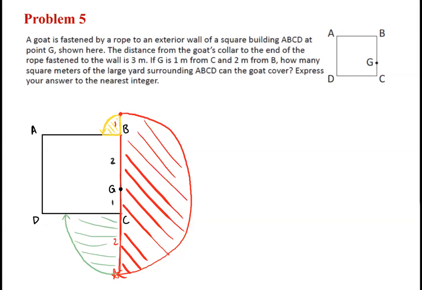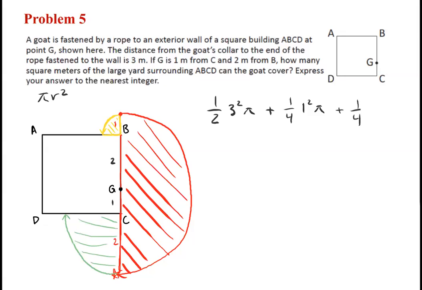First, let's add the big semicircle, the big red one, and please recall that the formula of the area of a circle is pi r squared. So half of a circle is just 1/2 of radius squared times pi. And we're gonna add the yellow part now. That is 1/4 of a circle. So 1/4 times 1 squared times pi.